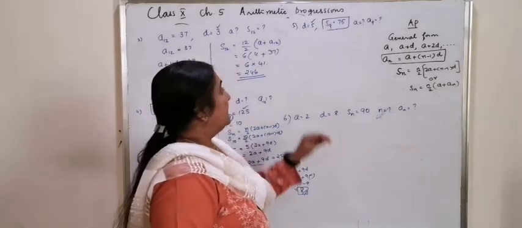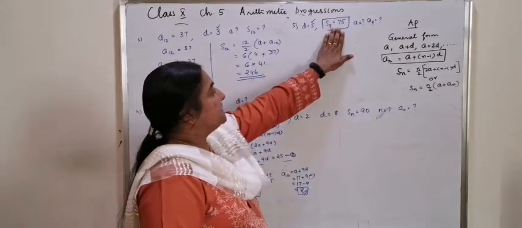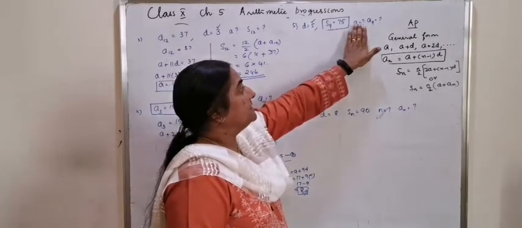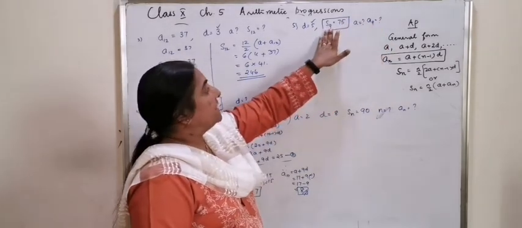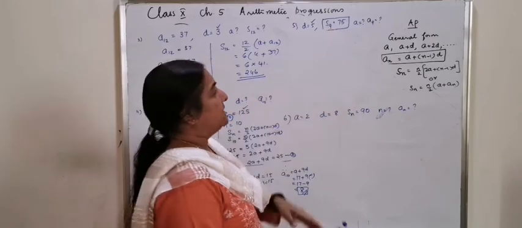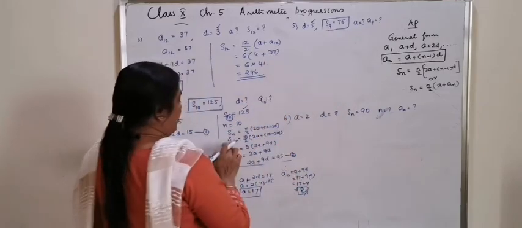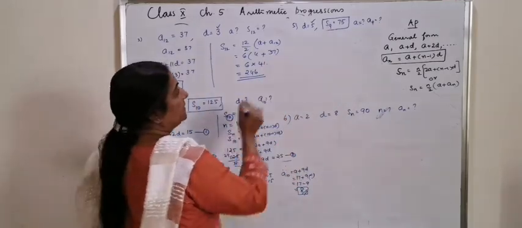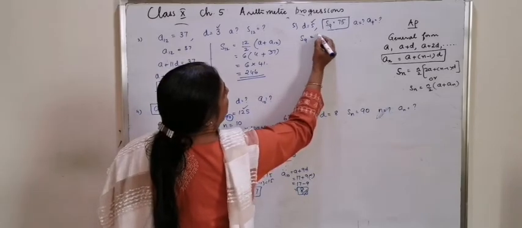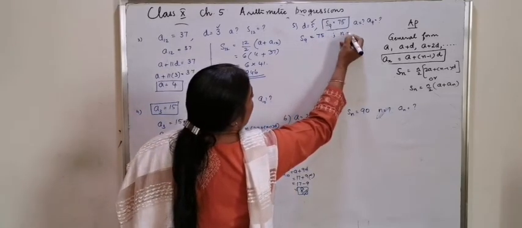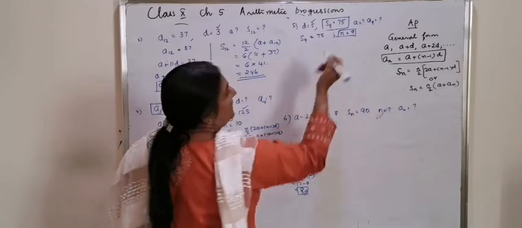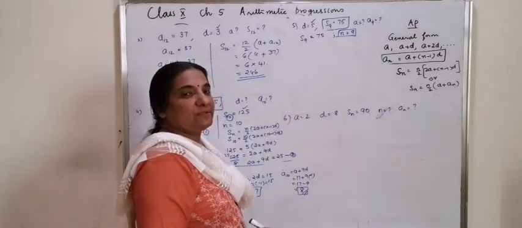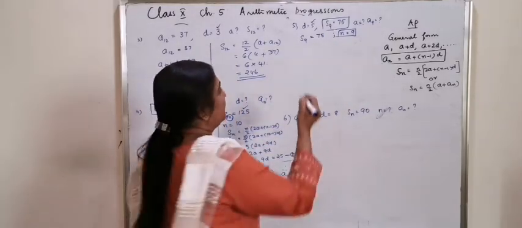Subdivision 5. D is equal to 5, S9 is equal to 75, find A and A9. Here we can start only with S9 is equal to 75. With a similar formula, we can just form an equation. S9 is equal to 75, which shows you that the n value is 9. In the Sn formula, you just replace the value of n with 9.